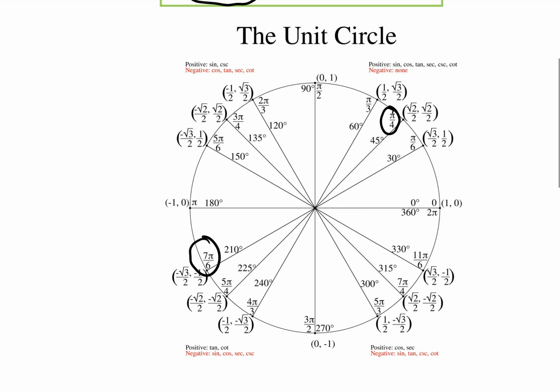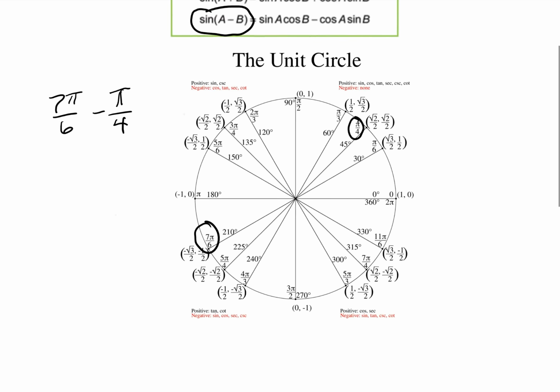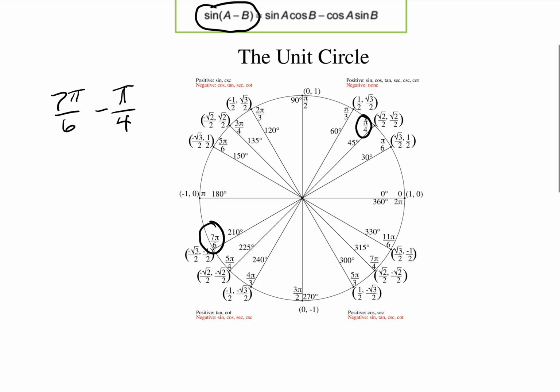So if I look at 7 pi over 6 and pi over 4, 7 pi over 6 minus pi over 4. Now again, I've already figured this out beforehand, but you can just work with any of the numbers and you'll figure it out. It's not too bad. Okay, so 7 pi over 6, pi over 4.